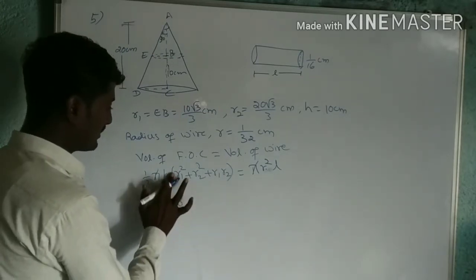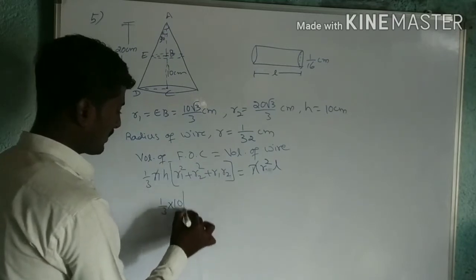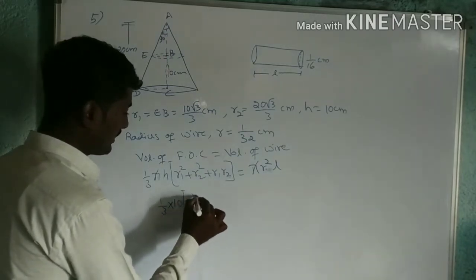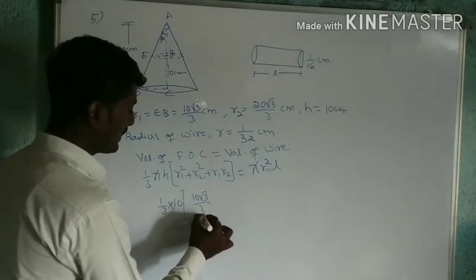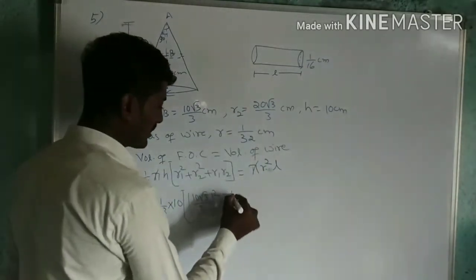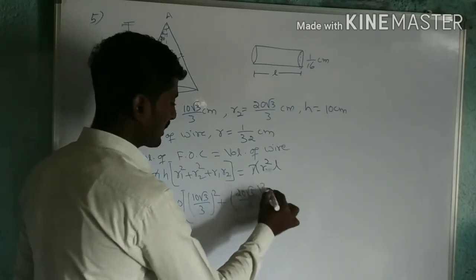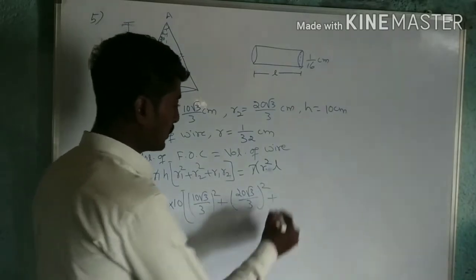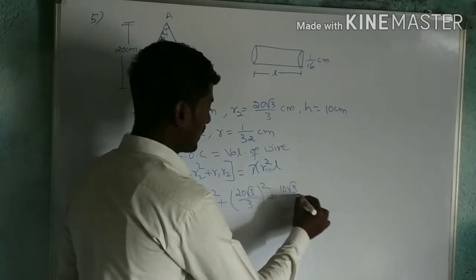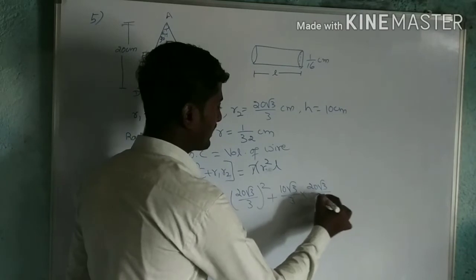I'll write it in a square bracket: 10 square, that is 10 root 3 divided by 3 square, plus R2 square. R2 value is 20 root 3 divided by 3 square, plus R1 into R2: 10 root 3 divided by 3 into 20 root 3 divided by 3.